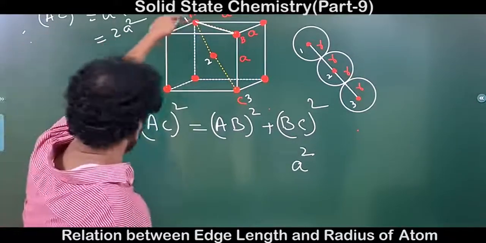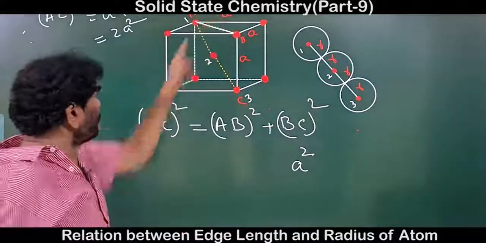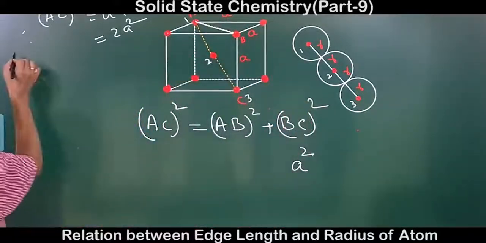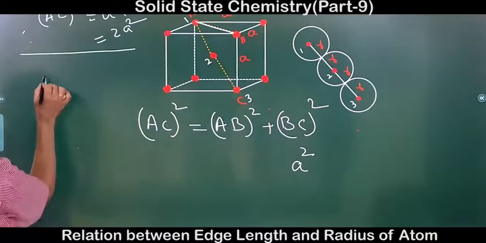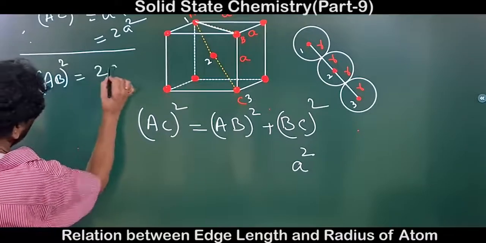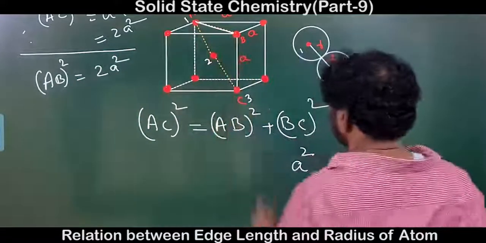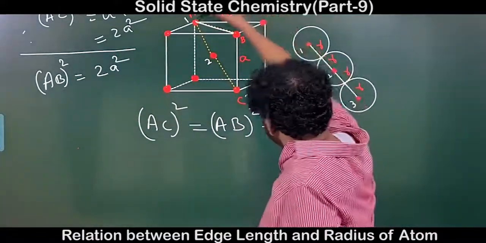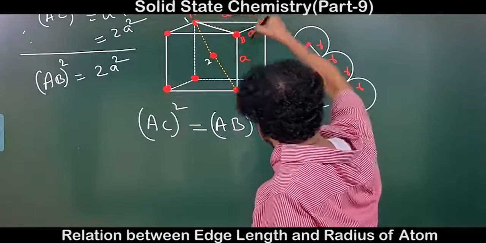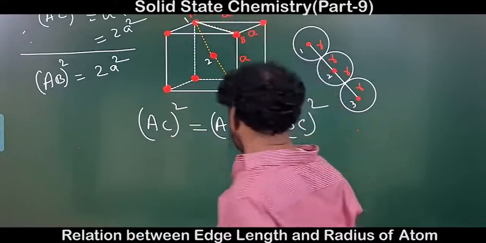So AB square is equal to 2A square, because if this is A and this is A, this is the hypotenuse of the right angle triangle.